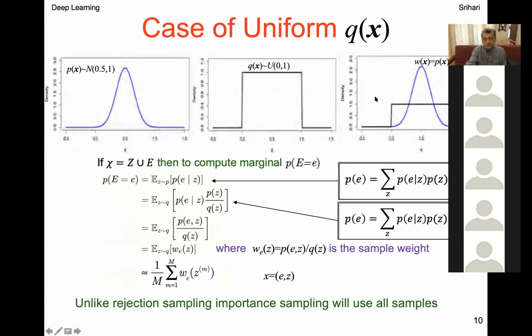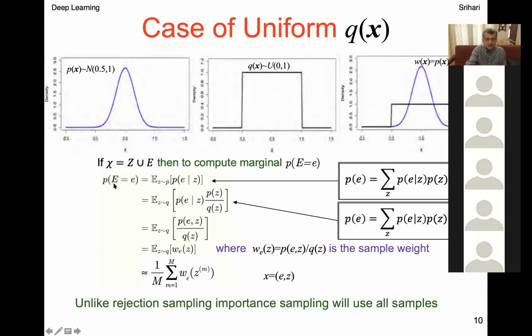And we are computing the ratio between P and Q by superimposing P and Q, which tells us the weight associated with it. And then we say the distribution you're trying to estimate is simply the sum of these weights, which are the ratios here.